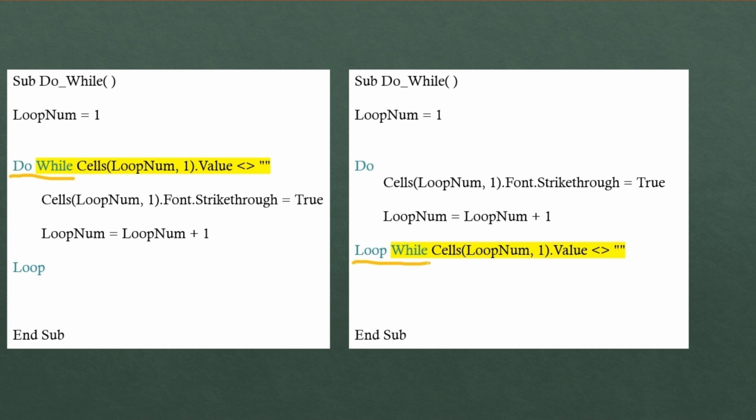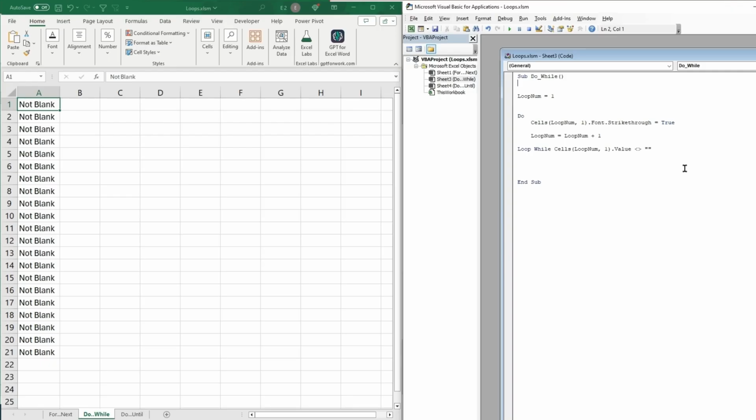So the Loop While is just changing where the while is in the statement, and it will work the exact same. And so now back in Excel, we can see that we changed where the while is. Instead of being after the do, it's now after the loop. And then if we run this, it will be the same results as the while being after the do.